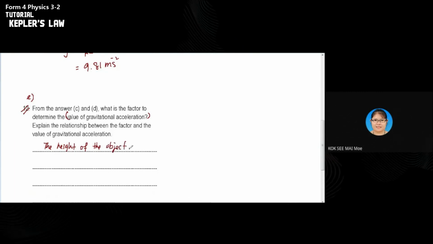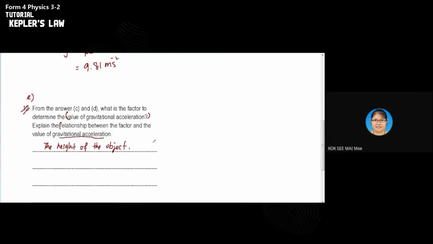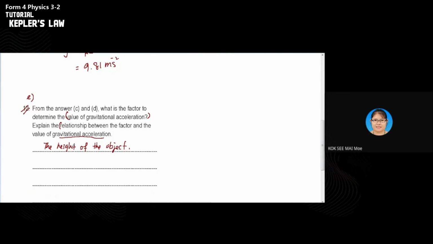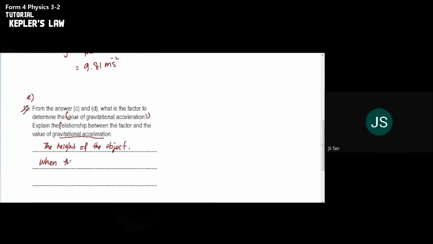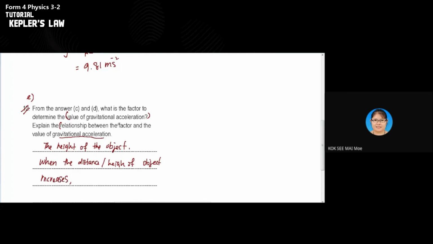Now, can you give me the relationship between the factor that you mentioned just now and gravitational acceleration? If I say height of the object, can you give me the relationship? When the distance, or the height of the object, increases, what do you think happens to the gravitational acceleration?